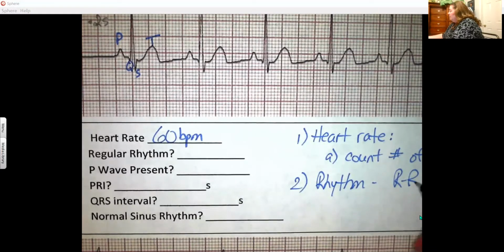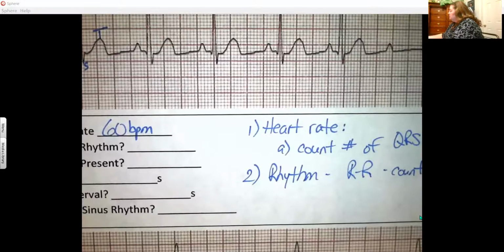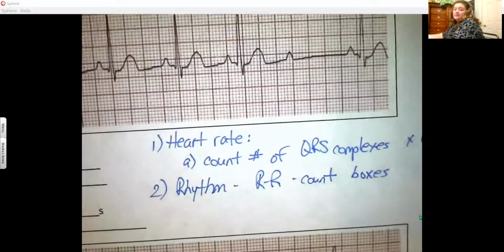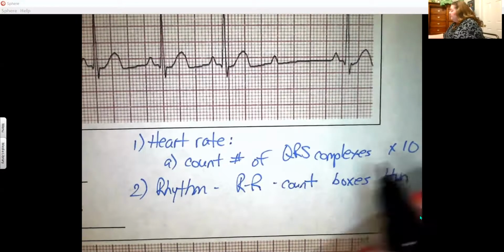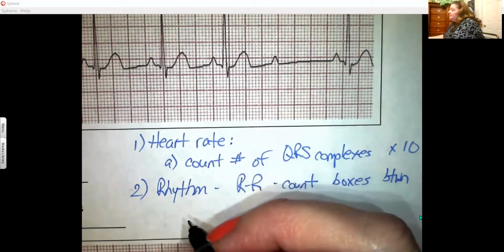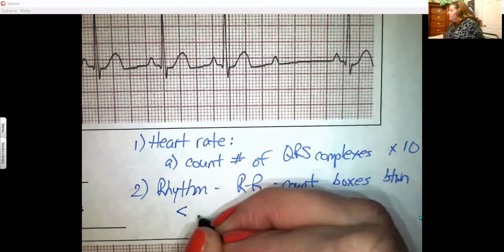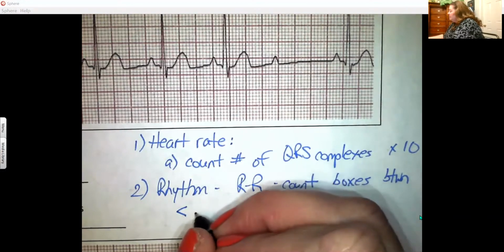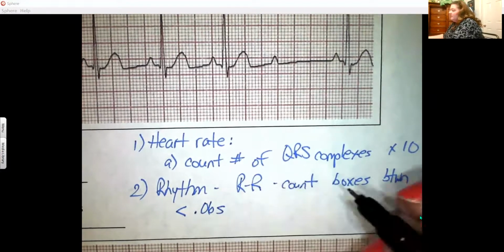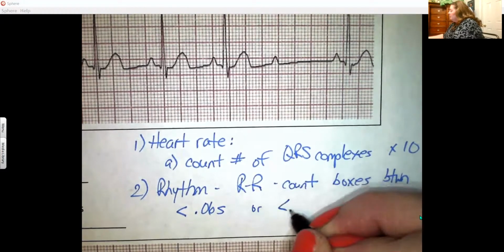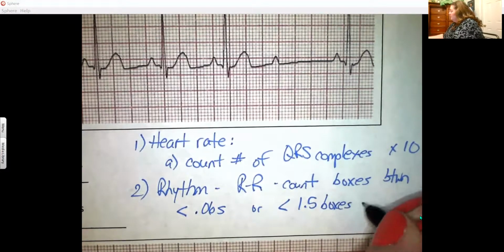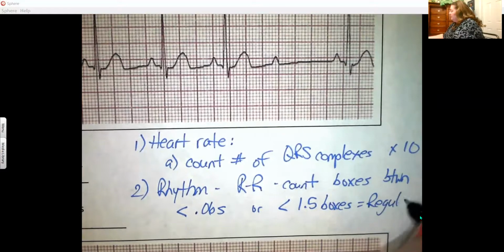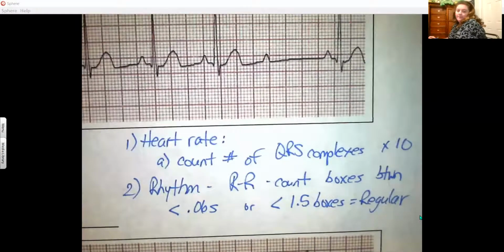And so you're going to count the boxes between them, between R and R, and you're comparing differences. So if the differences are less than 0.06 seconds, the tiny boxes, or less than 1.5 big boxes, then it is a regular rhythm.